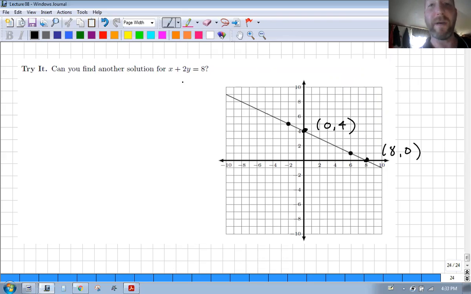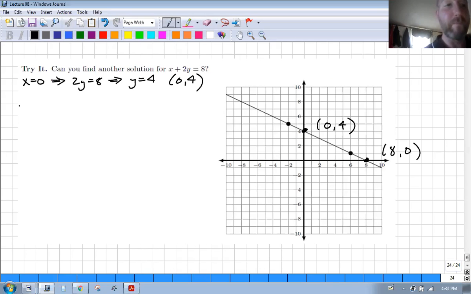Or I could do it mathematically. If x is 0, then if we plug a 0 in, we get 2y equals 8 or y equals 4. So 0, 4 is a solution. Or if I let y be 0, I plug a 0 in right there, I get x equals 8. So 8, 0. Isn't that exactly what we saw over here just by looking at it?